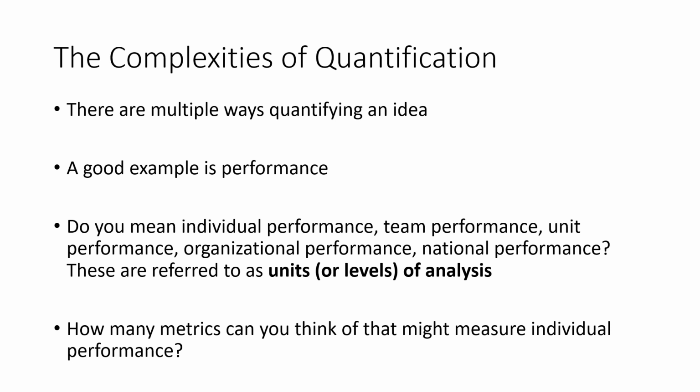And then, of course, there's national performance, right? The performance of a nation, which is typically measured by GNP or GDP. So these different levels are referred to as units of analysis. So we have individual level units of analysis, and then we have collective or wider organizational or even national level units of analysis.